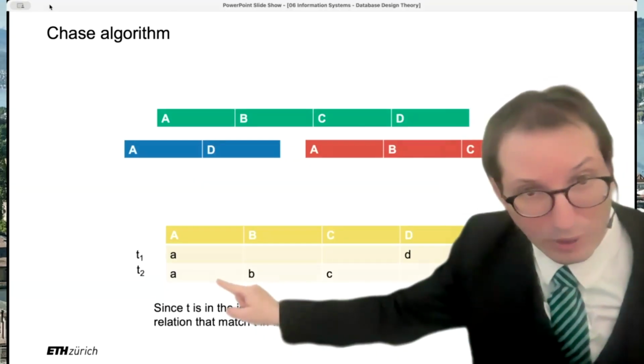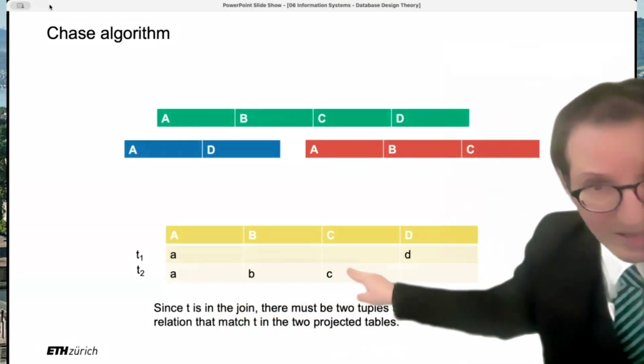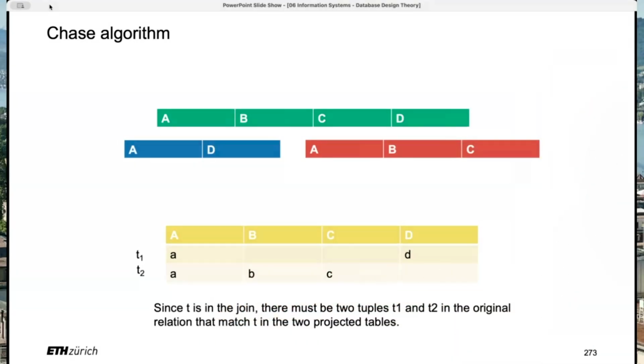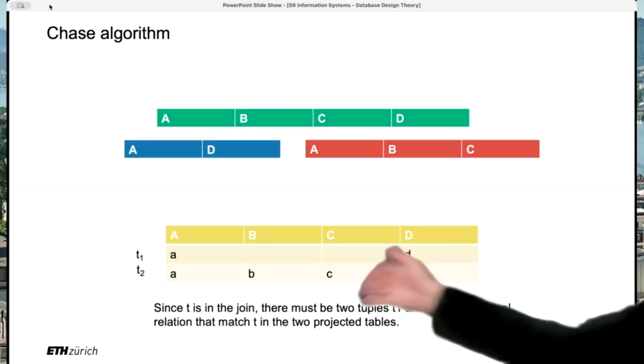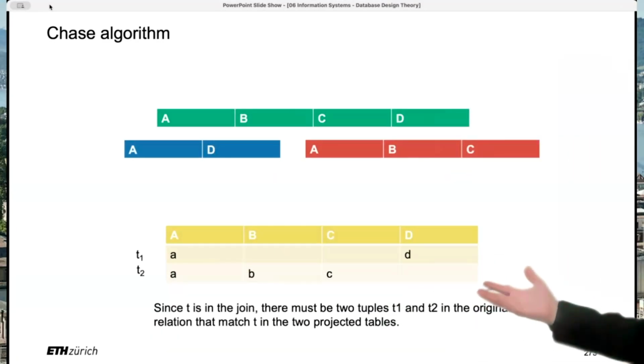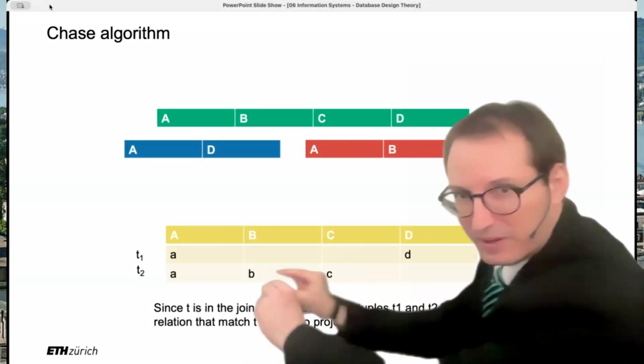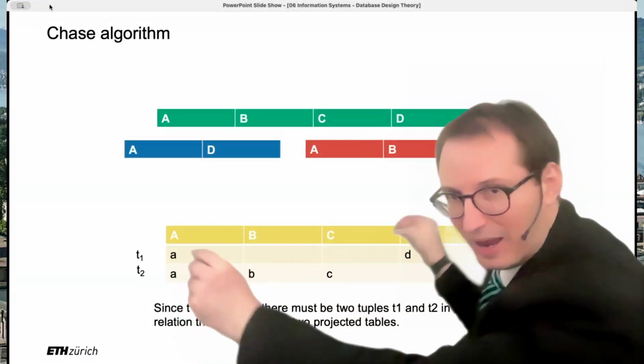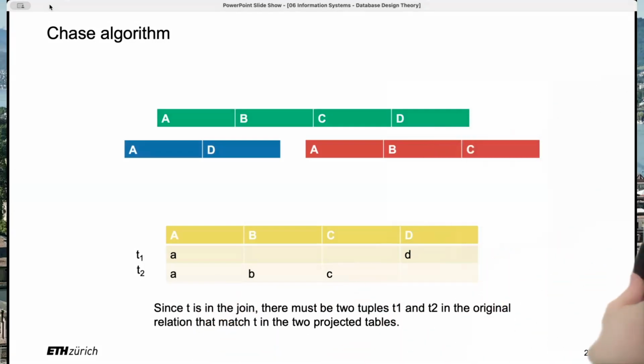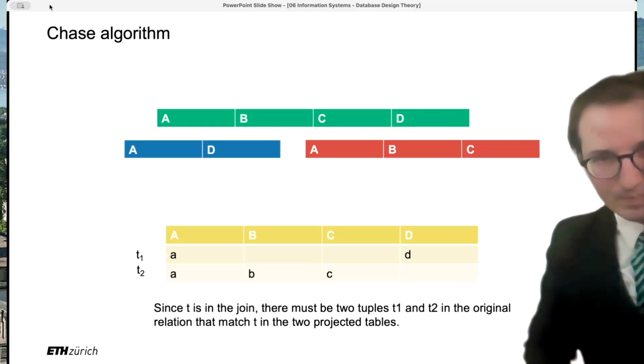So it must also come from somewhere. It must come from some tuple that had ABC and then whatever, right? Who agrees with me? So I have to have something like this in the original table, such that this got projected to AD, this got projected to ABC, and then the two got joined to ABCD, right? So far, so good? Okay.